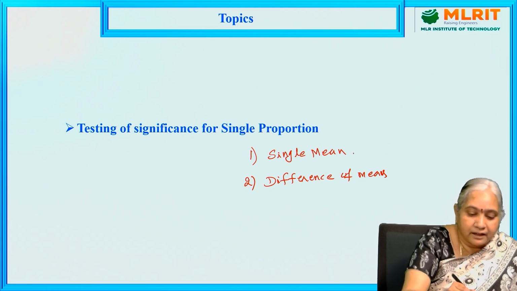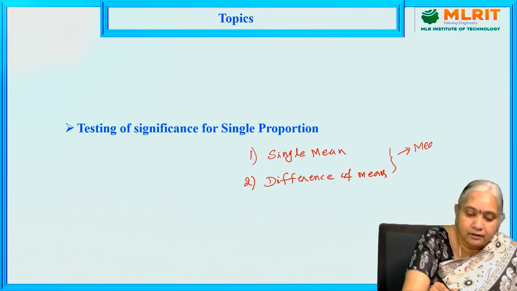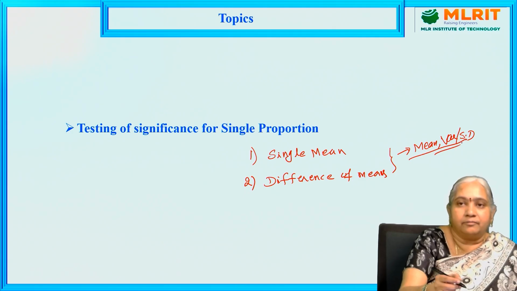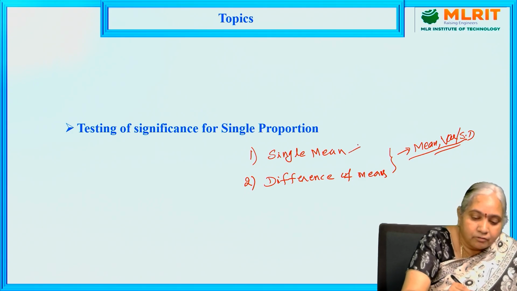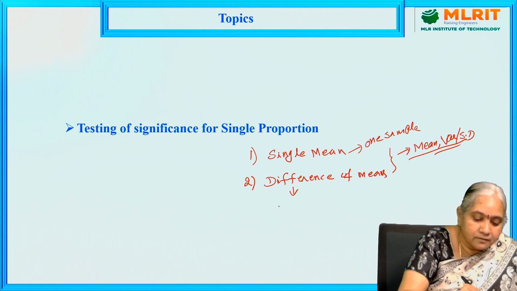In single mean and difference of means, the type of data is mean, variance or standard deviation given in the questions. Also, in single mean, only one sample data is given. In difference of means, two samples data will be given.